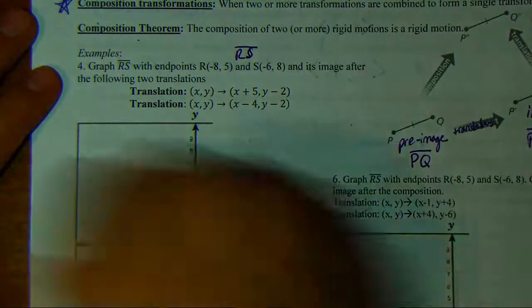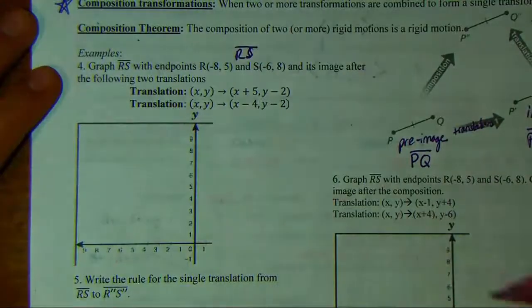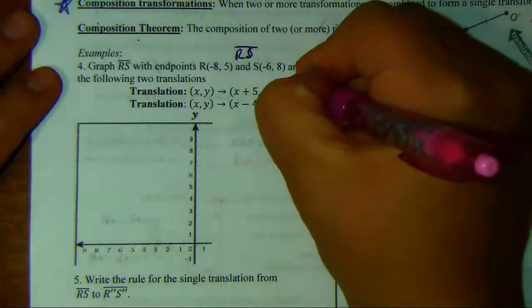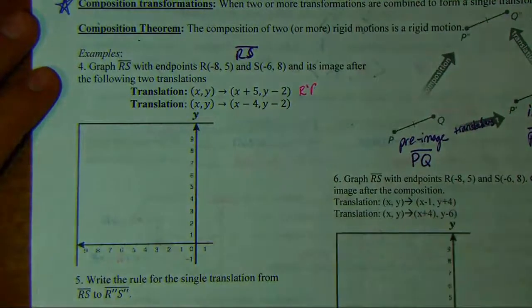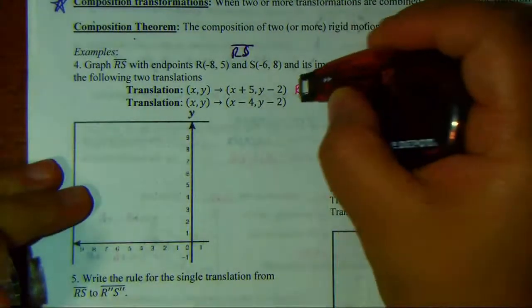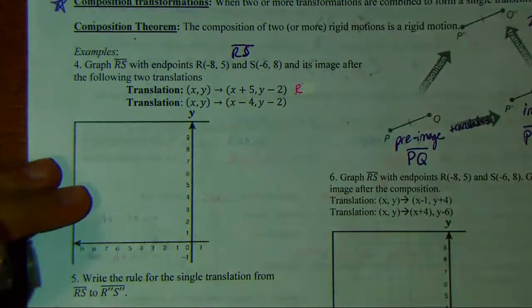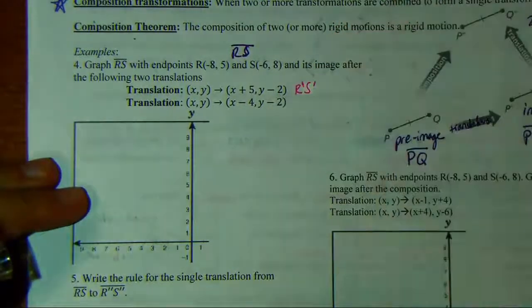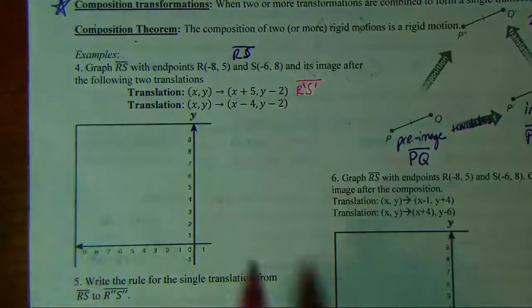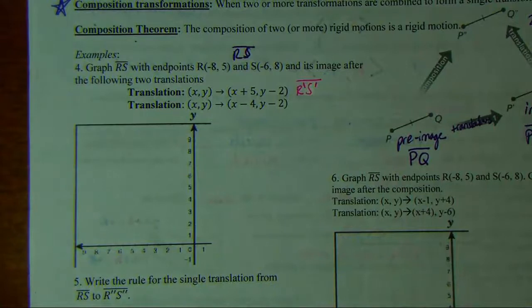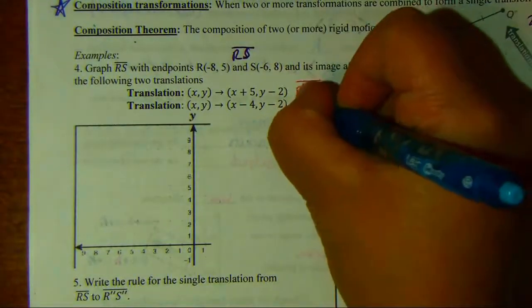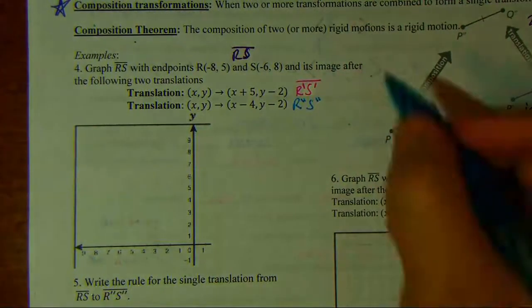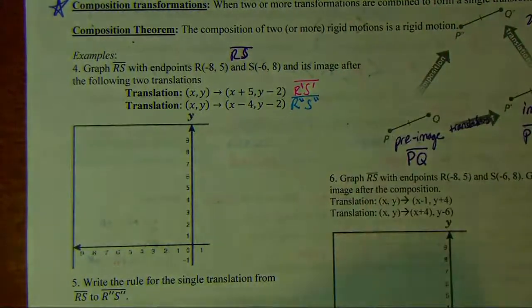And then I will do the first translation in pink. So this is going to be our R prime, S prime. And then finally, to do the last translation, I will do that in blue with R double prime, S double prime right there. Okay, so we'll get that segment there.